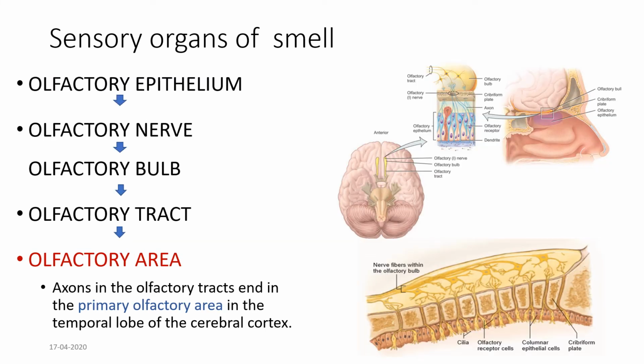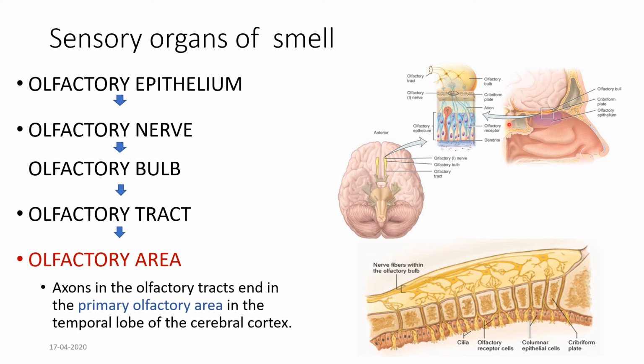In this picture, you can see the olfactory neurons here, and then the processes of these bipolar neurons passing through the cribriform plate and going towards the nerve cells in the olfactory pathway in relation with the olfactory bulb. You can see the dendrites of those cells of the olfactory bulb, and the axons from these cells in the olfactory bulb are passing as the olfactory tract.